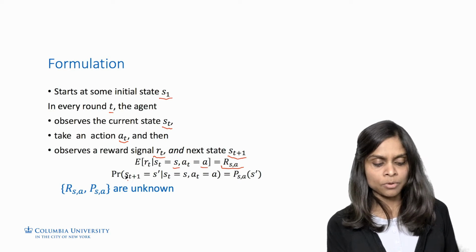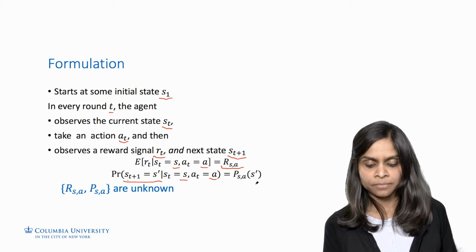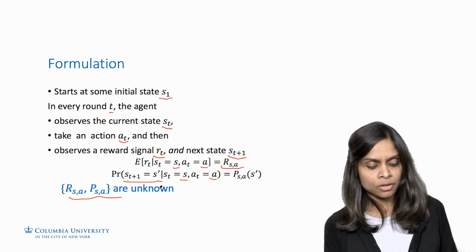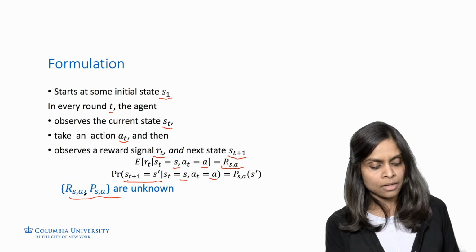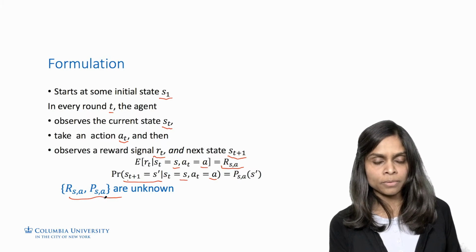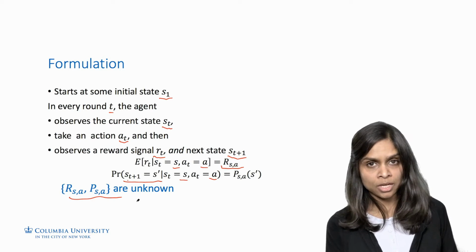Similarly, the transition probability vector is also fixed for every state and action. However, the main difference from the MDP model is that now the underlying distribution of reward and the transition probability matrix is not known to the agent.